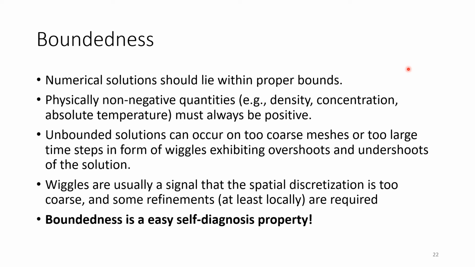Boundedness can also be violated by a lack of accuracy, right? Not just stability, but also by a lack of accuracy. As I said, also an implicit scheme can overshoot your solution, and that means it's still stable because it's implicit, but it's inaccurate. Okay.